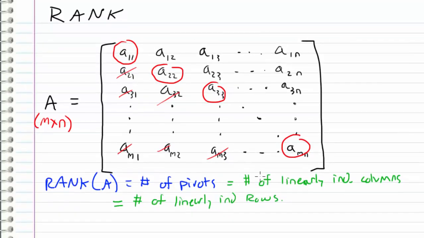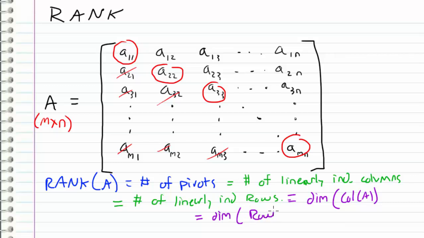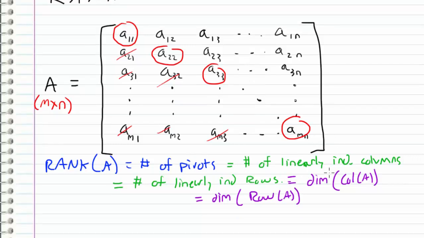But we have to recognize that the number of linearly independent columns and the number of linearly independent rows is the same thing as the dimension of the column space of A and the dimension of the row space of A. Or in other words, the rank of a matrix is equal to the number of basis vectors in the column space of A or the number of basis vectors in the row space of A.